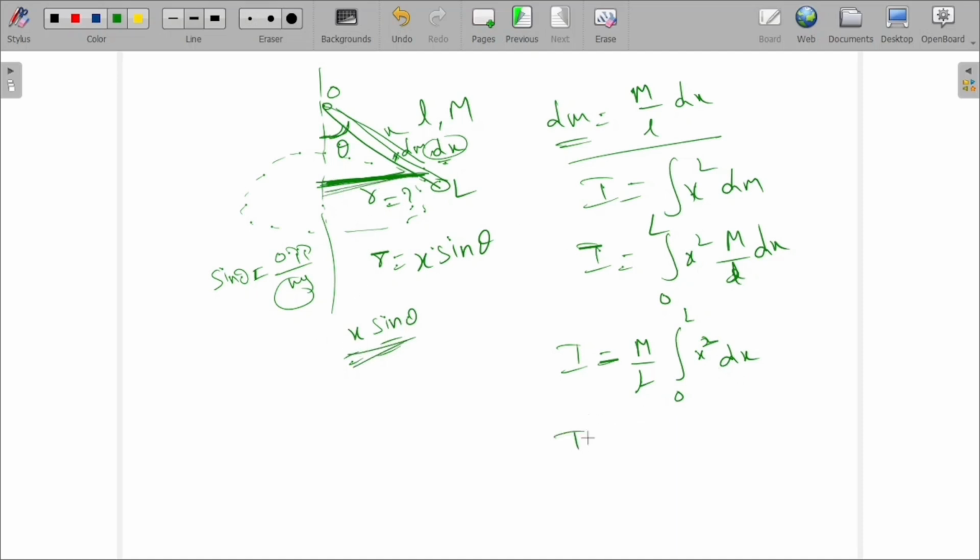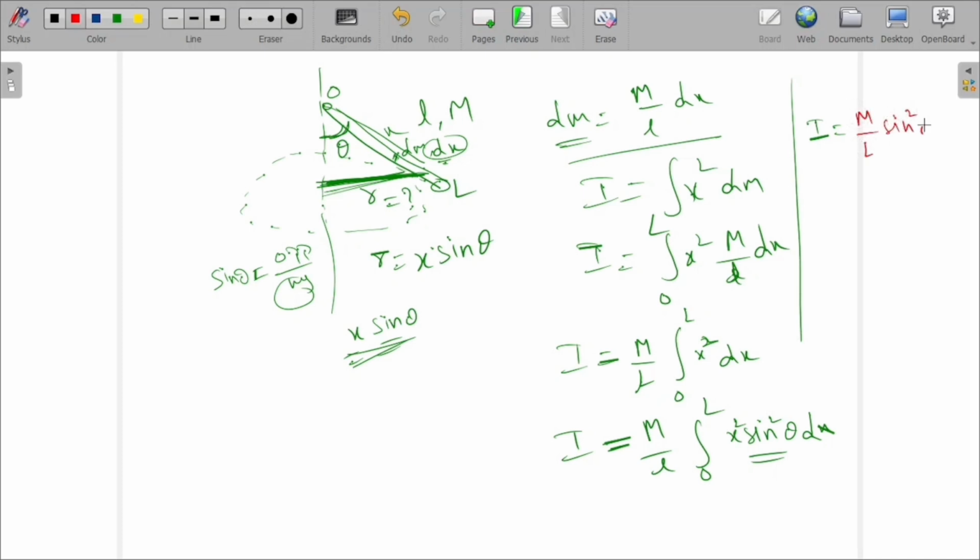So I equal to m by l integral 0 to l x square sine square theta dx. Here theta is constant, it is rotating with the same constant angle, so sine square theta is also taken common. Then I equal to m by l sine square theta integral x square dx from 0 to l.